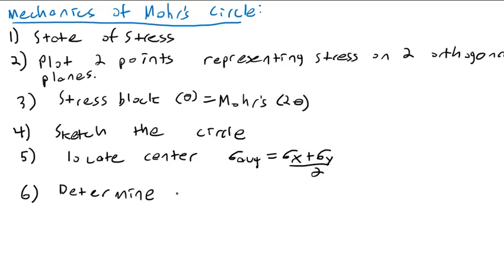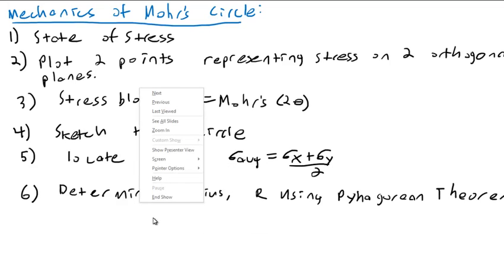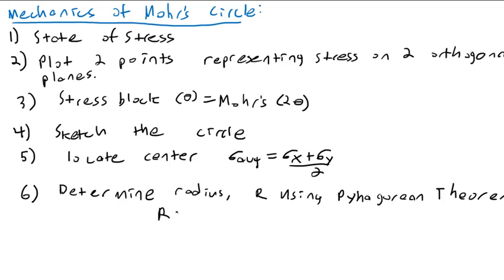Then we determine the radius r. It's essentially just the Pythagorean theorem, just our old buddy Pythagoras. And that is just what we had earlier.